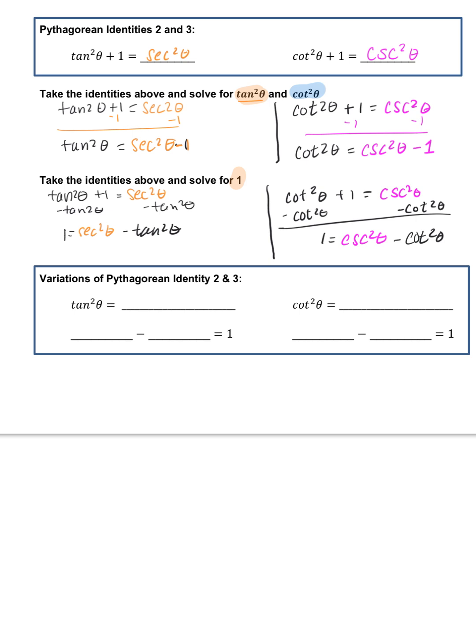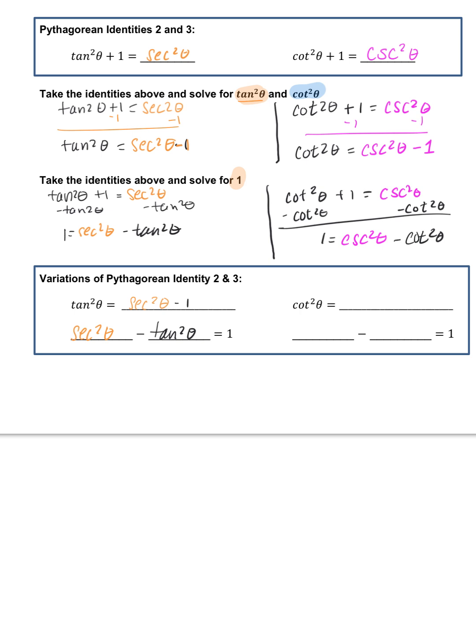We have tangent squared theta equals secant squared theta minus 1. And then we have the other part up here where we have secant squared theta minus tangent squared theta equals 1.